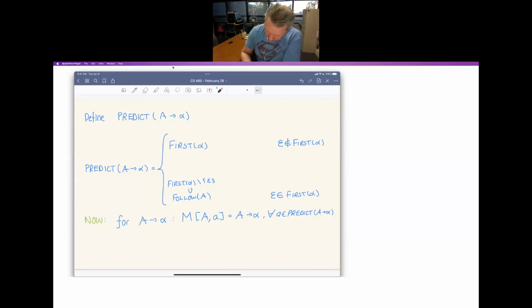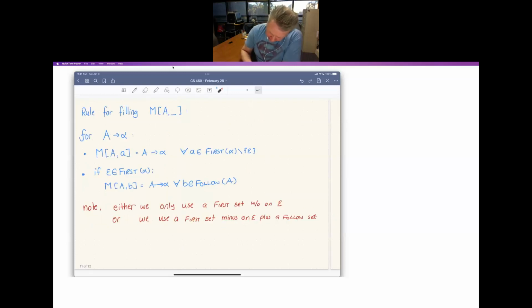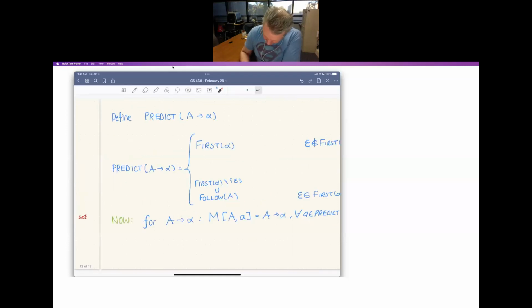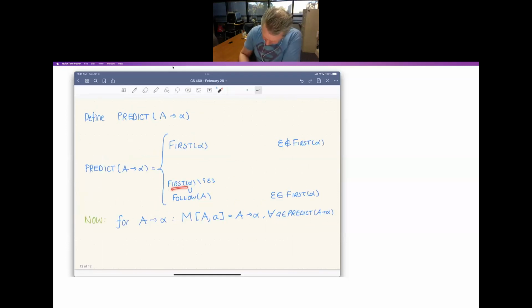If epsilon is not in there, then it's just that. And indeed, if epsilon is not in that first set, then we don't do that when we fill in the table. We just use that. Well, that's exactly this. If epsilon is in the first set, we take it out of there, and then we add on to that first of alpha minus epsilon plus the follow of A. So now I can write that as a simple thing there. And that's nice because I can actually use that to say something about LL1-ness of this grammar.